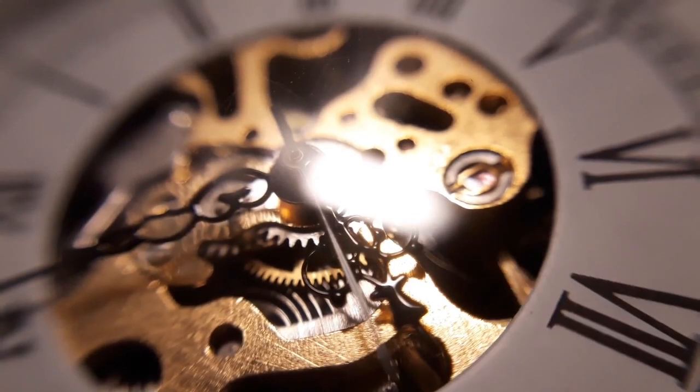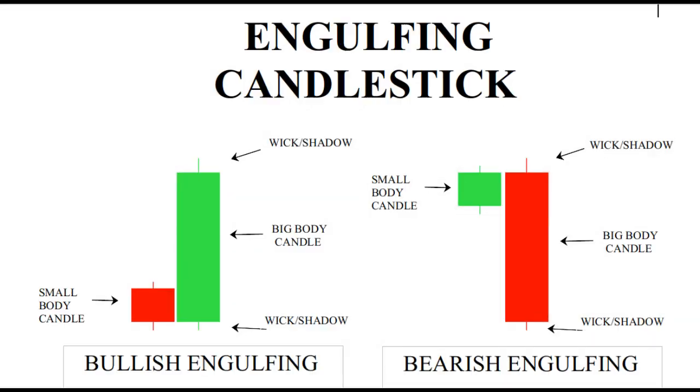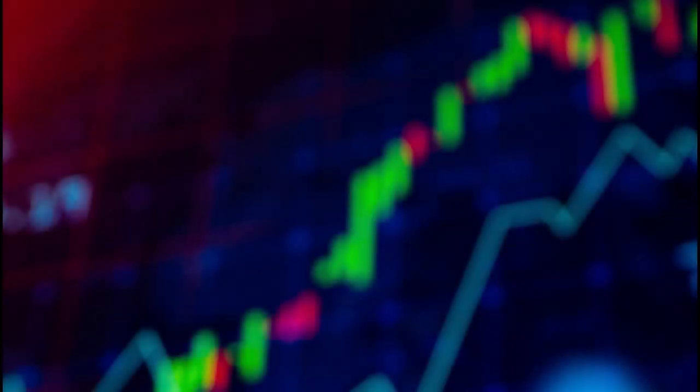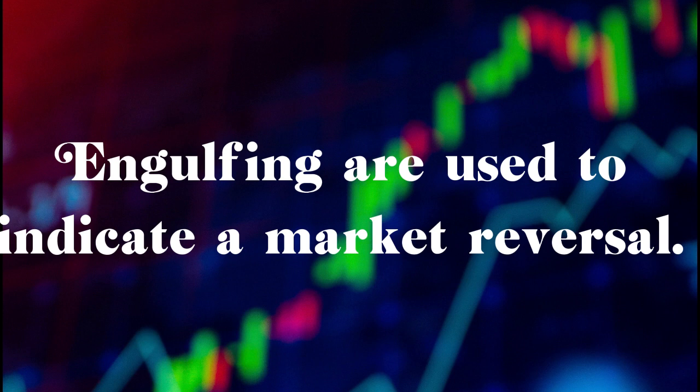2. The second essential candlestick will be the engulfing candle. Sometimes you might come across candles like this, or this. These candles are called engulfing candles. For extreme beginners, you might be asking, what is an engulfing candle? According to Google, engulfing candles are used to indicate a market reversal.